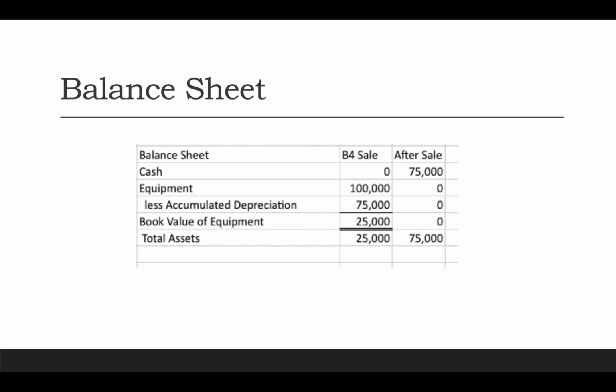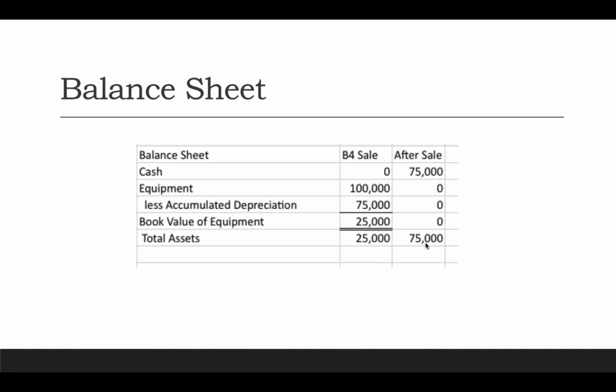Somebody gave us that cash, right? You can see now the equipment and accumulated depreciation and the book value are 0 because it's no longer in the company. We got to make that 0. Total assets are now $75,000. They've jumped from $25,000 to $75,000. That's that gain of $50,000 we got when we sold it.